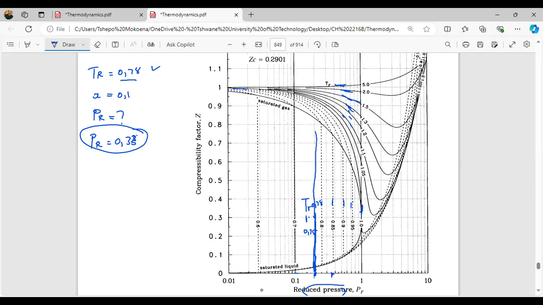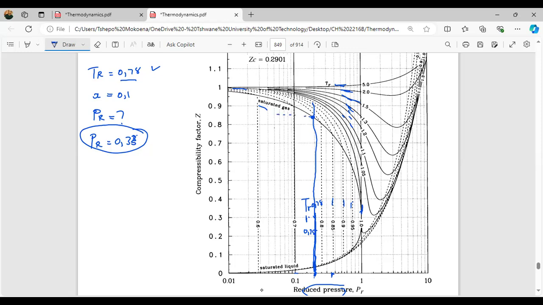This line is an isotherm because it connects the points with the same reduced temperature throughout. So it's an isotherm, right? Remember, along this curve, along this side of saturated gas, at this point over here, just like how we would locate a specific volume, enthalpies, and all of those types of parameters, here we're talking about the compressibility chart.